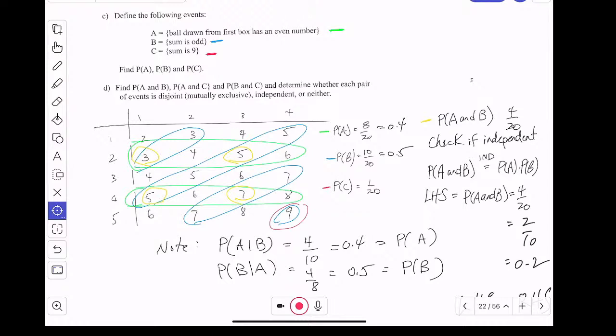And then what about A and C? Oh, what just happened? Oh, sorry. All right. So let's look at A and C. I'm going to take these away to another page.